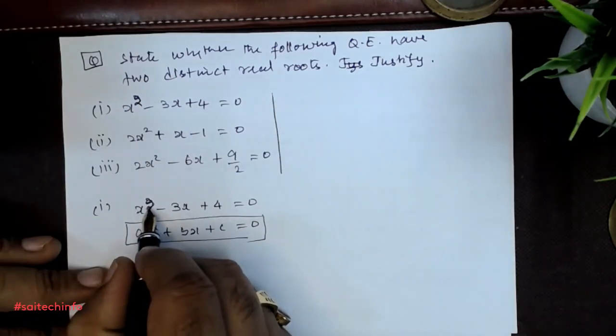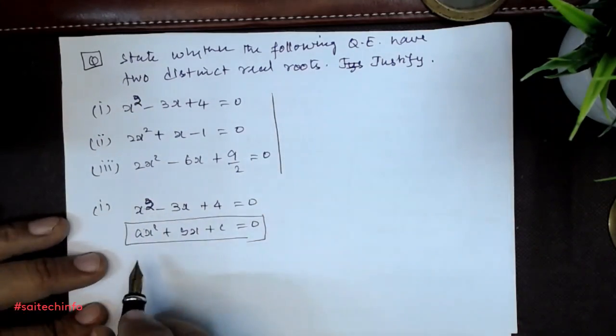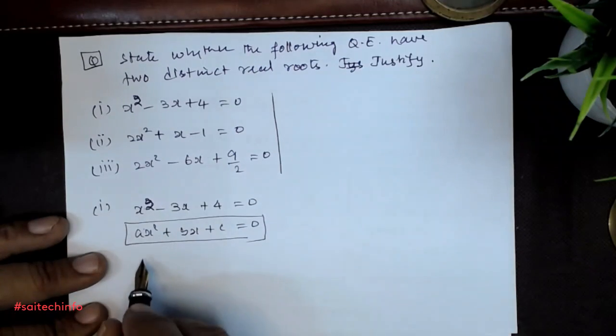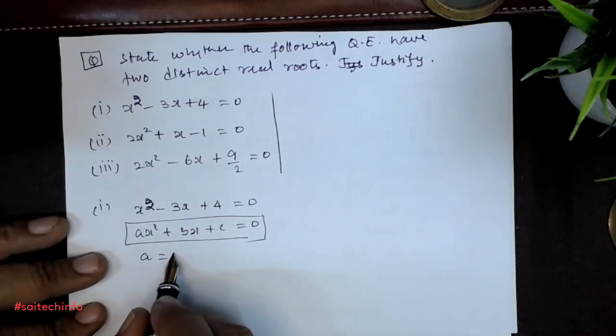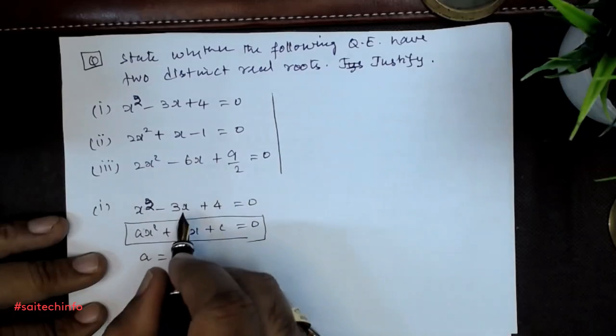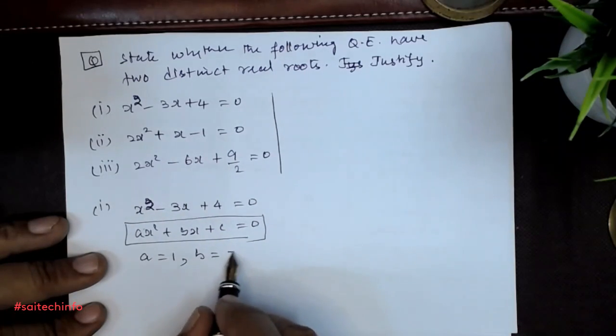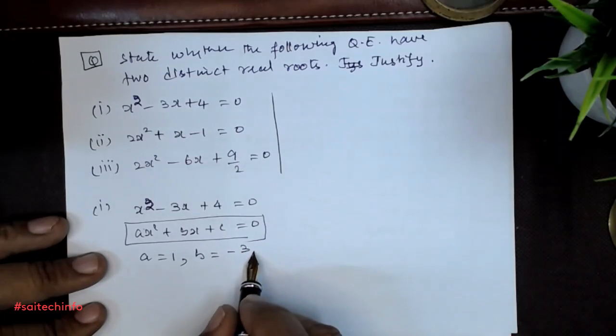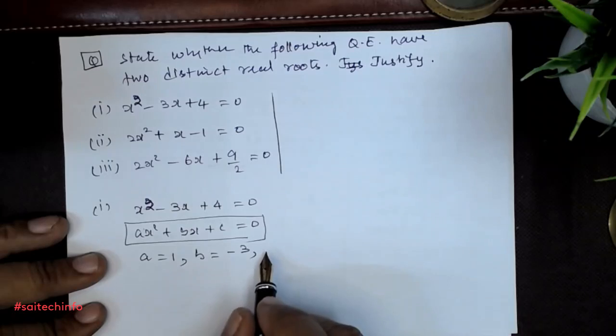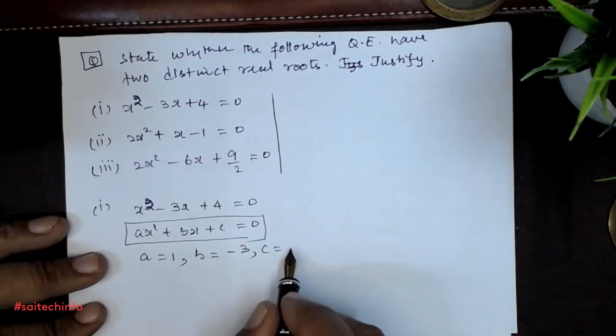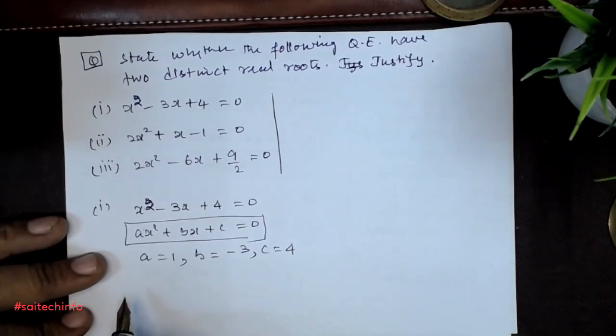What is the coefficient of x squared? a is equal to 1 here. The coefficient of x is b, equal to minus 3. And the constant is 4, so c is equal to 4.